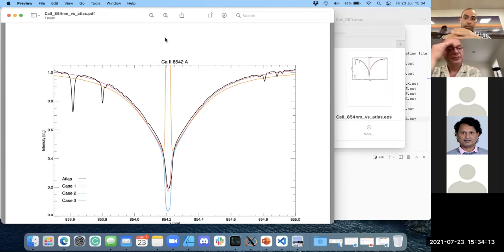And I think this is also very good in terms of future inversions, either with STiC or with Beside, that are based on RH. So this is really good. But in general, be aware that some atoms plus FALC do not match the atlas as well, but this doesn't necessarily mean that it's wrong.